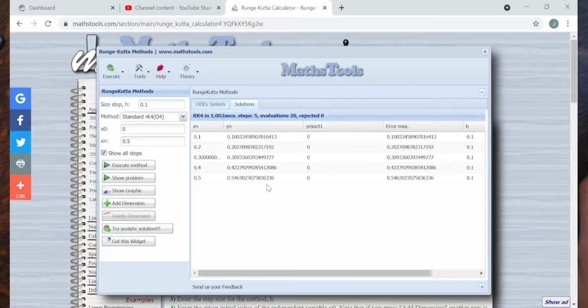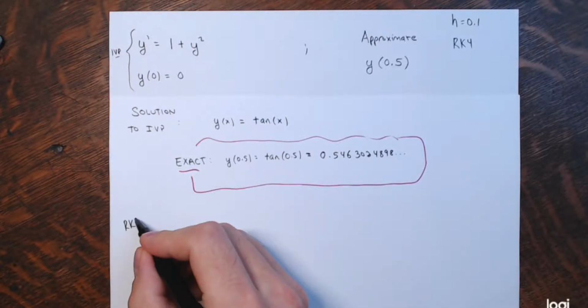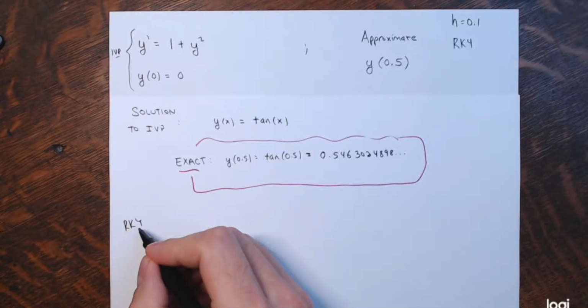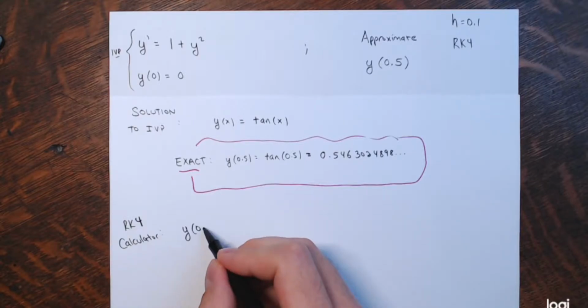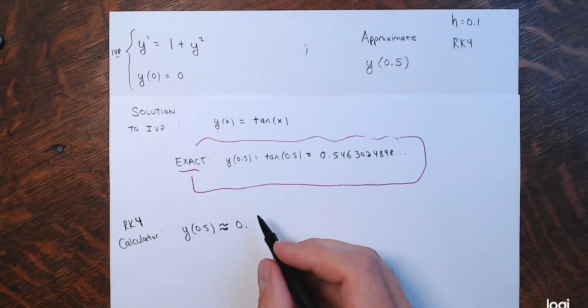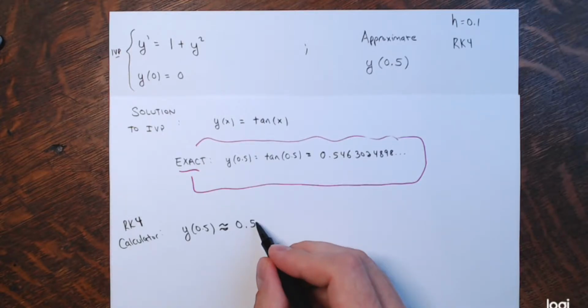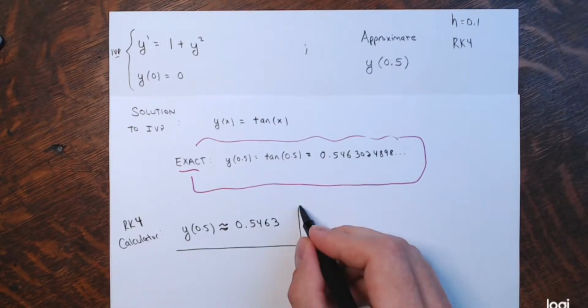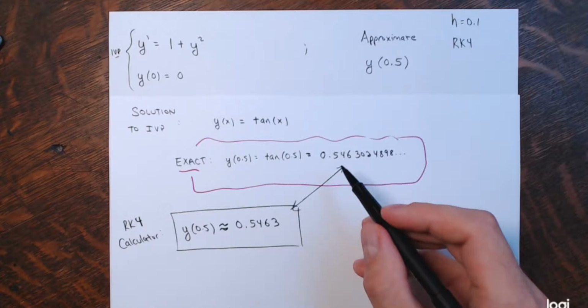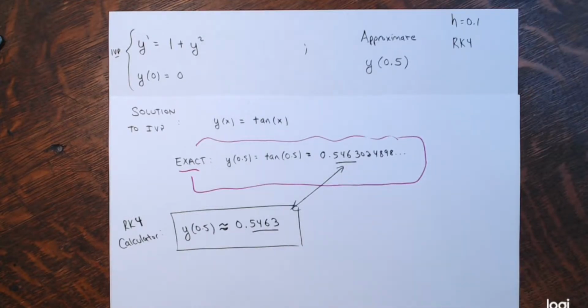So, using the RK4 calculator, we get y at 0.5 is approximately 0.5463 if I go to the first 4 decimal places. And look at that compared to the actual. Same first 4 decimal places. In fact, it's got the same first 6 decimal places.